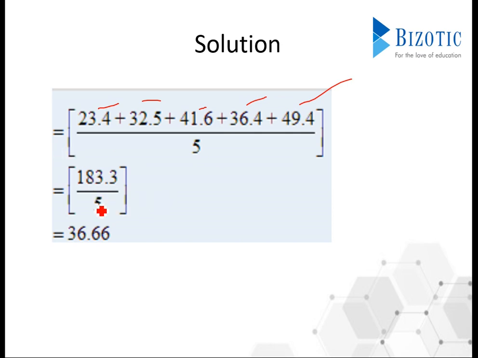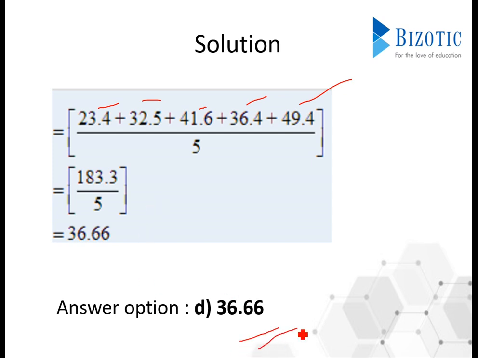So 183.3 divided by 5 will be your right answer, 36.66. You can also approximate it to 37 if there is no decimal point in the options. So it will be very easy and pretty direct as well.